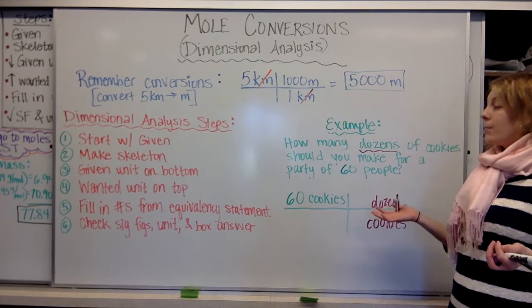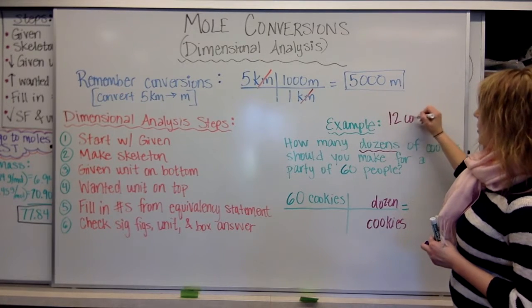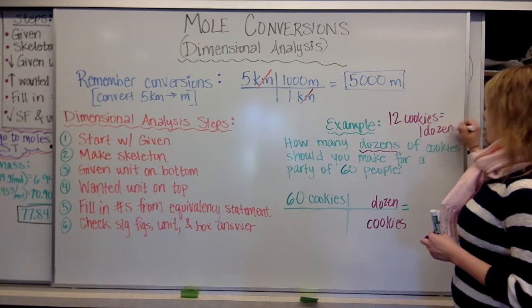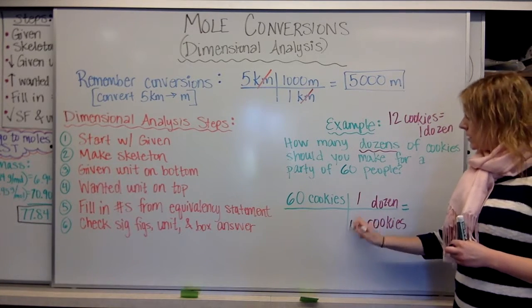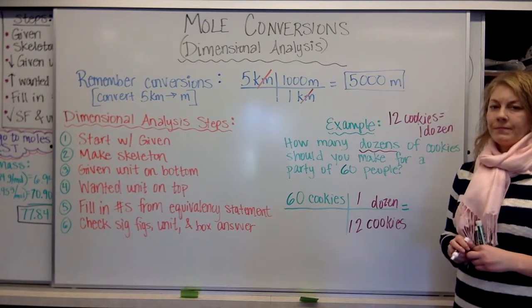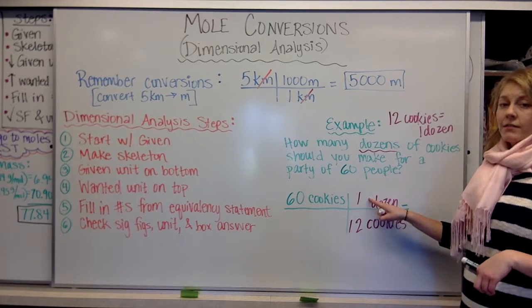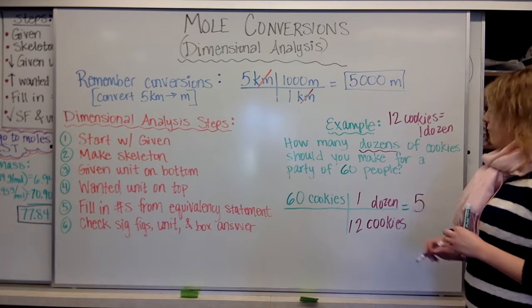Then we fill in our numbers. Well, what's our equivalency statement? We know that 12 cookies equals 1 dozen. All right, so 1 dozen is equal to 12 cookies. Now we can solve. 60 cookies times 1, 60, divided by 12 gives us 5.